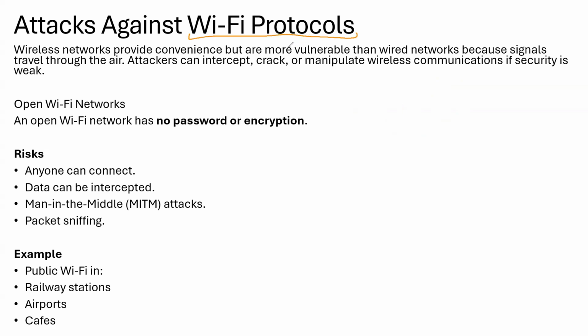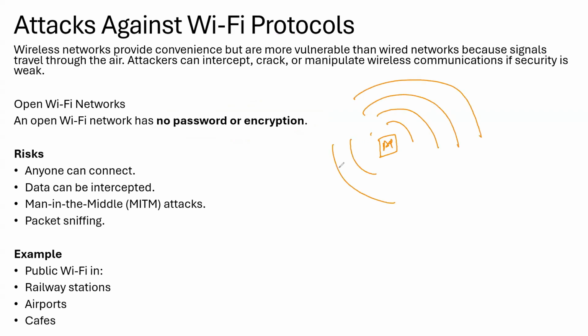If your Wi-Fi does not have any password or encryption, it is totally insecure. Basically, a wireless network provides convenience but is more vulnerable than wired networks because signals travel throughout the air. Let us assume this is your wireless access point. It will broadcast the data to all the devices in the location.